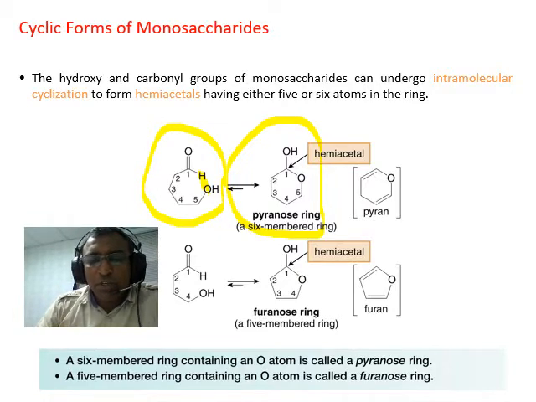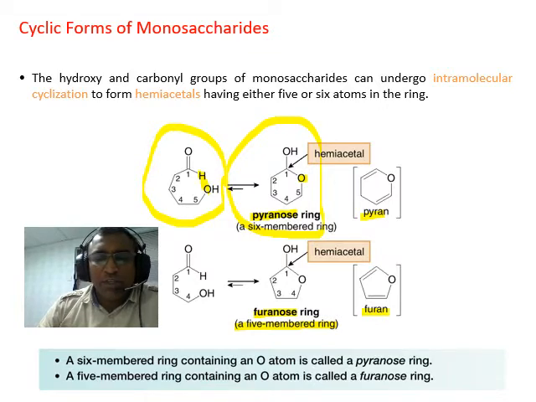It's not referred to as a 6-carbon ring structure, because there's also oxygen, and this 6-membered ring structure is known as pyranose or pyran, and also there is a 5-membered ring, furanose or furan.